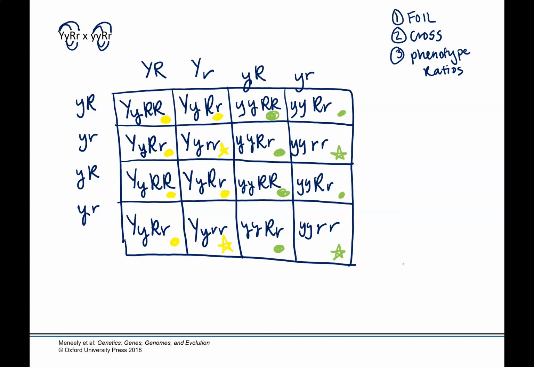So for our phenotypes, we have 6 yellow and round, 2 yellow and wrinkled. Now the order here doesn't really matter too much.